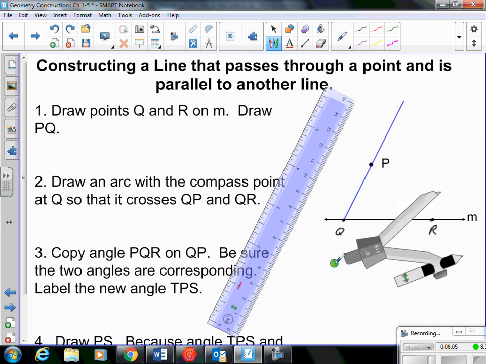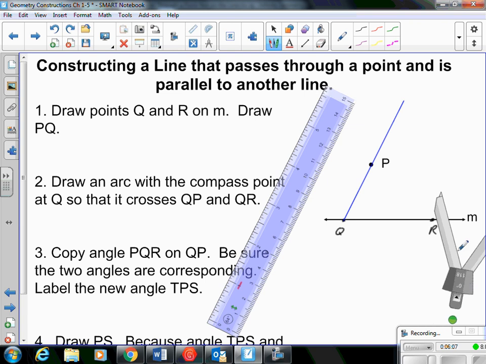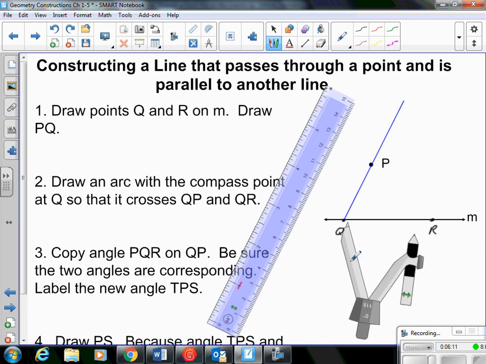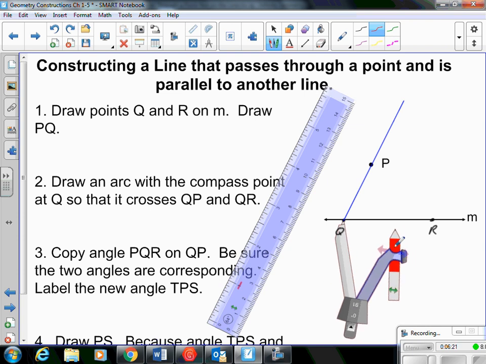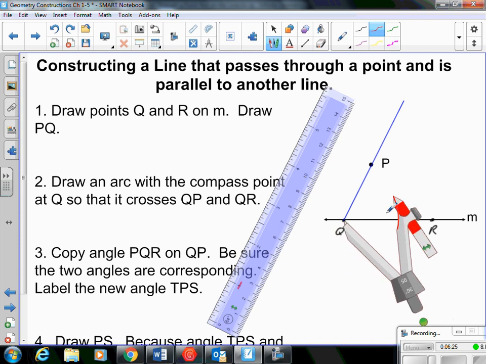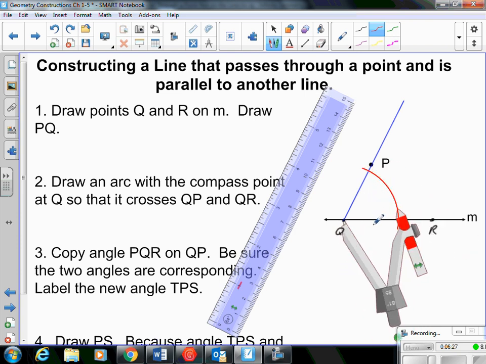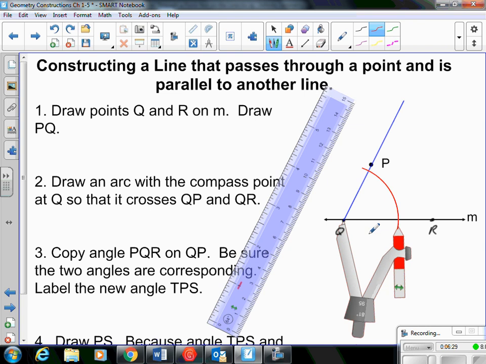And really and truly what we're about to do here is basically the process of copying an angle. So what we did yesterday when we copied an angle, we're basically going through that same process here. So we're putting the point at Q. We're going to make an arc that crosses both sides of that angle.